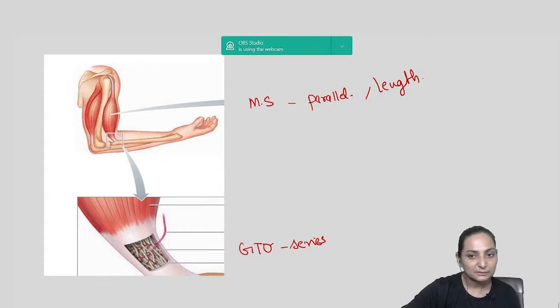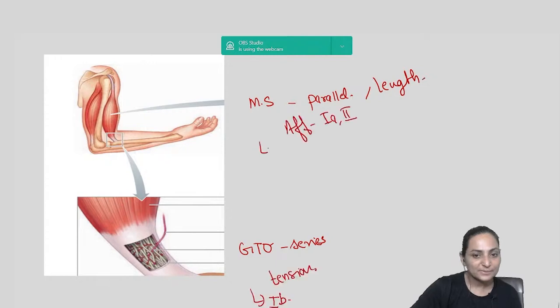The afferents of the muscle spindle are 1A and type 2, whereas the afferents of the GTO are 1B. The muscle spindle results in a monosynaptic stretch reflex, whereas the GTO reflex is a bisynaptic reflex.